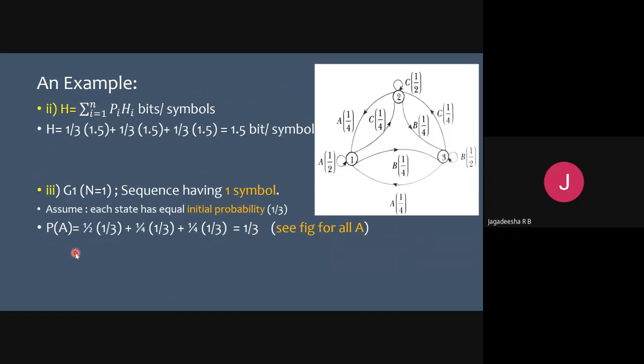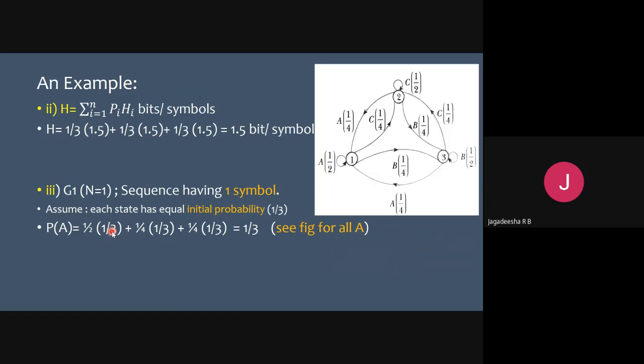Then how to find out the total probability here. So probability of A is equal to 1 by 2 multiplied by 1 by 3. That is if the source generates only A.